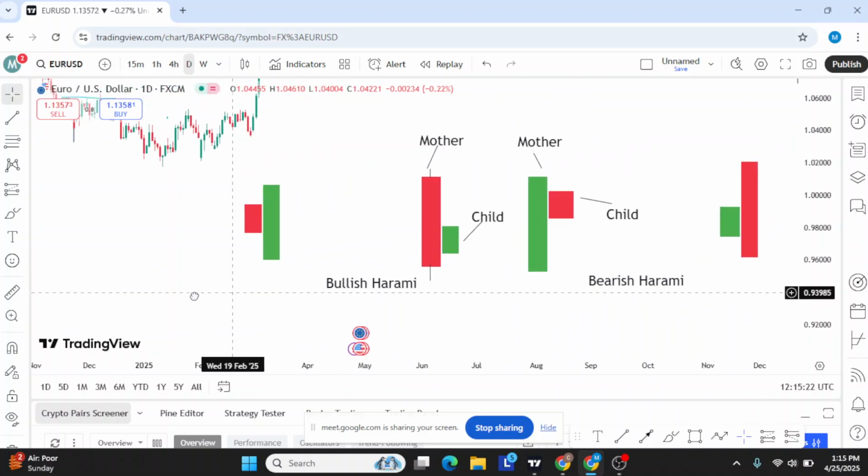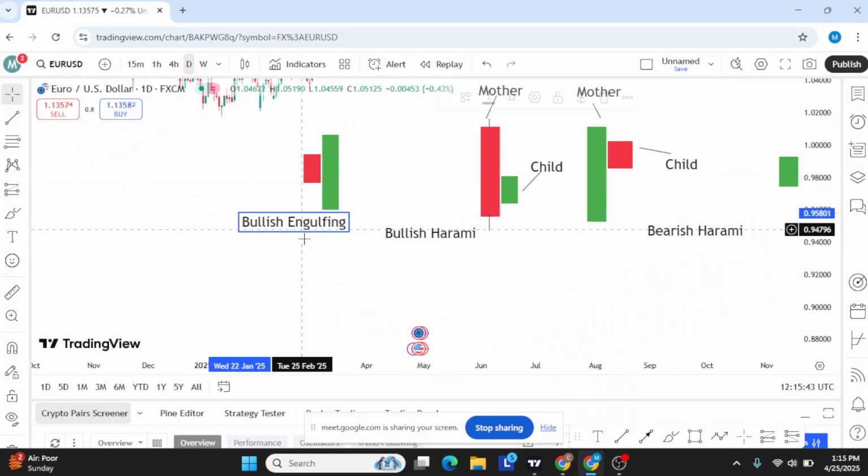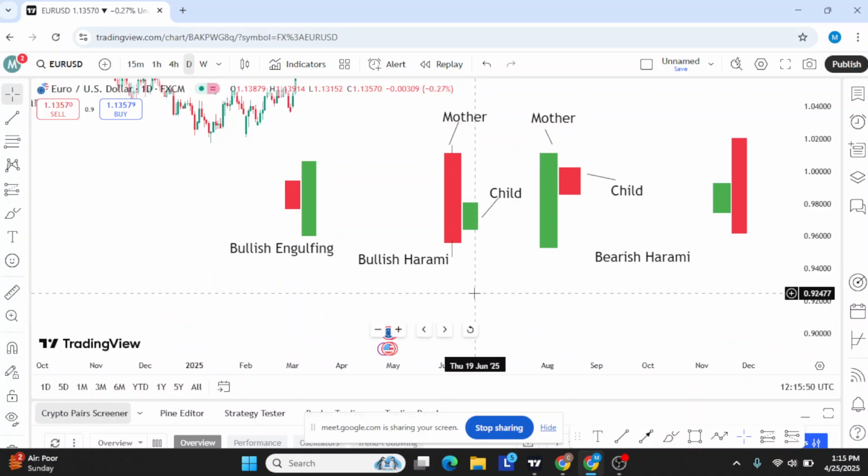And with this one, this is obviously a bullish engulfing. Sometimes with the bullish harami and the bullish engulfing, they seem to look the same but in opposite terms.